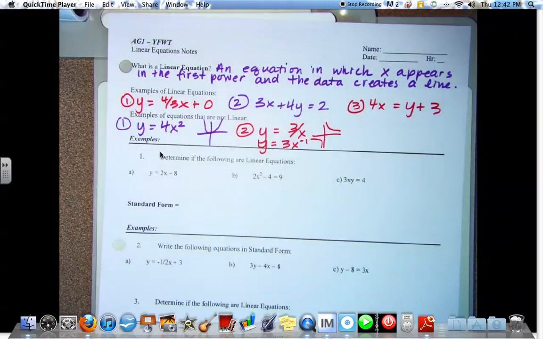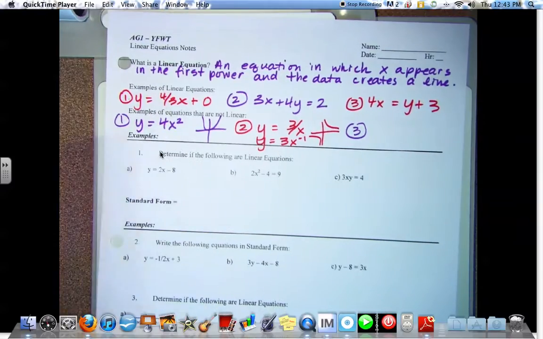You don't have to work with these. You just have to understand that they're not linear. So when you look at the picture, they're not linear because they're not creating straight lines, right? And they're raised to powers other than 1.